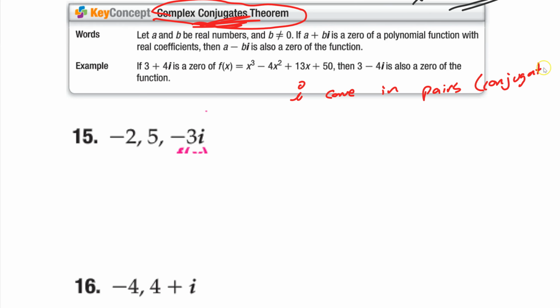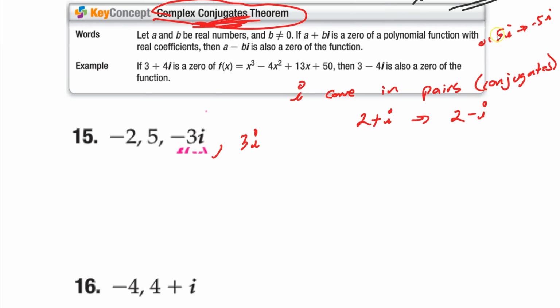Remember what conjugates were: if you have 2 plus i, its conjugate, you just change the middle sign, 2 minus i. Now the way that works here is, to have negative 2, 5, and negative 3i, I need its conjugate. It's negative 3i, change the middle sign, 3i. The conjugate of 5i is just negative 5i.